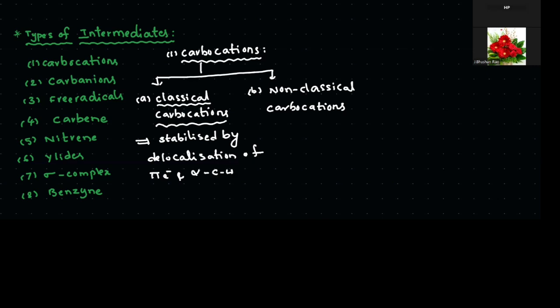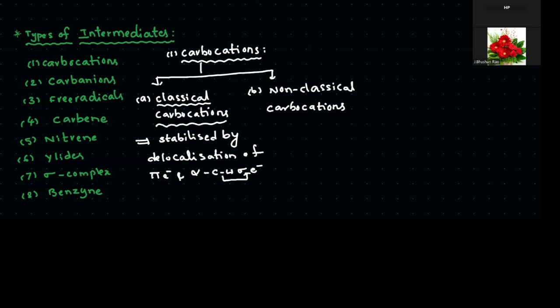Here sigma electrons means these bonded electrons. This is the alpha carbon hydrogen. These bonded electrons are called sigma electrons.